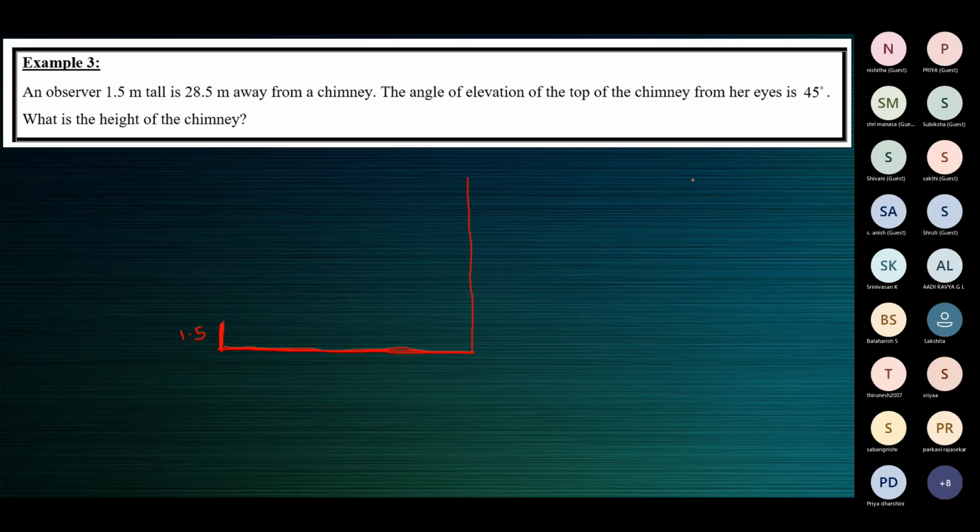The observer is at a lower level, and the object looked at is at a higher level. So when the observer has to raise her head and look up at that position or point, the angle of elevation is measured. Since the angle measured is the angle of elevation, it is very clear that the top of the chimney is taller than the observer.